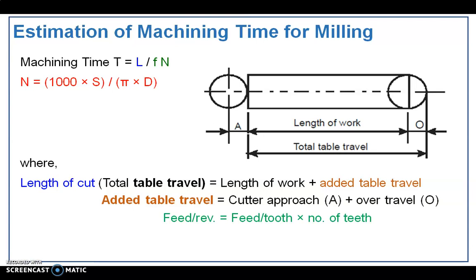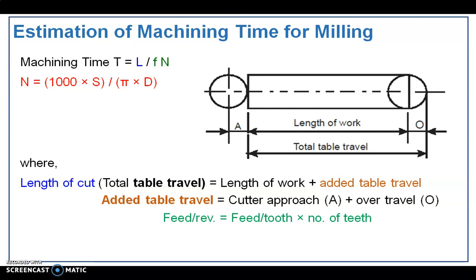From this diagram you can see length of cut or total table travel equals length of work plus added table travel. This added table travel equals cutter approach plus over travel, or either cutter approach alone or over travel alone. That depends on the case. We will see one by one.